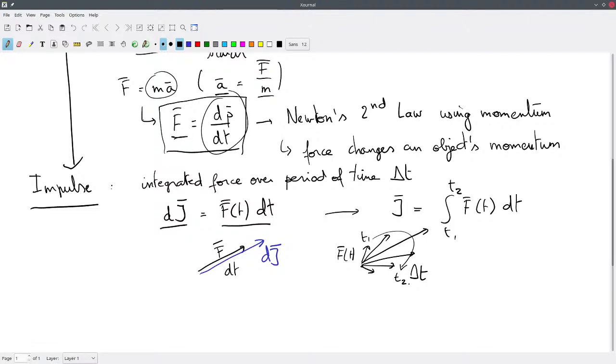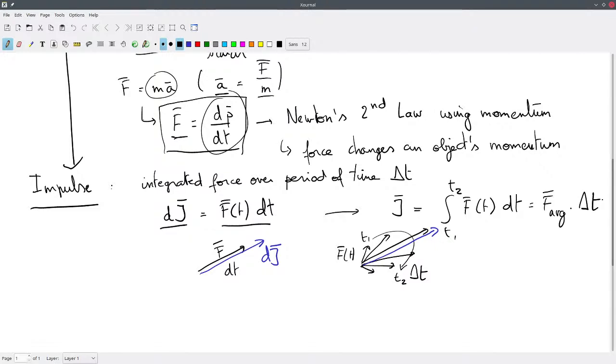So essentially, the impulse will become the average direction of the force multiplied by the duration over which this force applies. So this is going to be the average of the force times the period of time over which it applies.